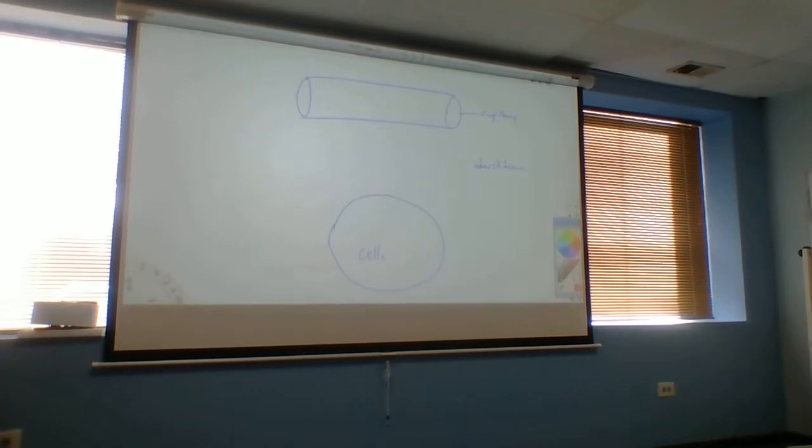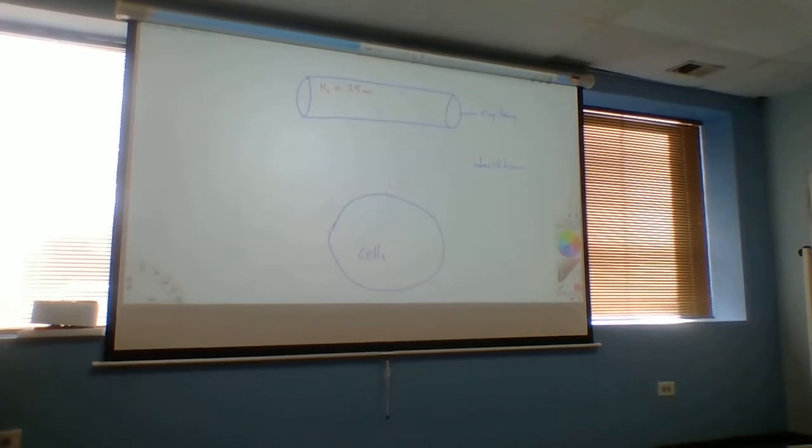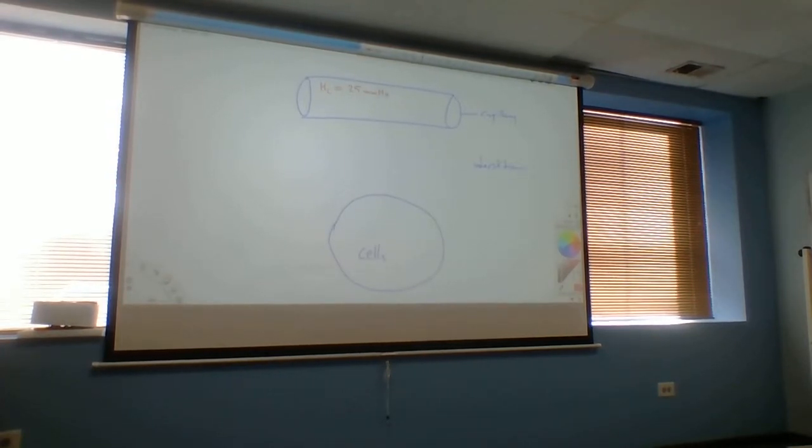Okay. Let's say capillary hydrostatic pressure is 25 millimeters of mercury. Good? Okay? Capillary oncotic pressure, let's say, is 5 millimeters of mercury.